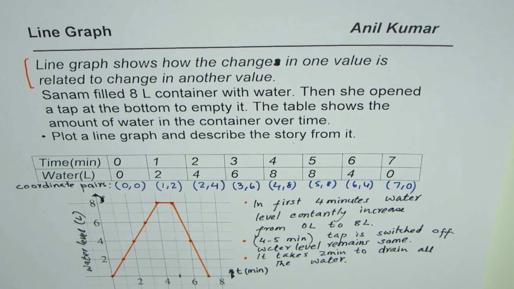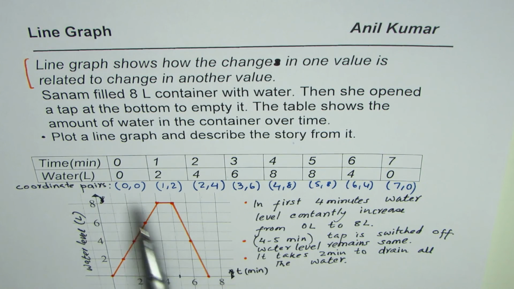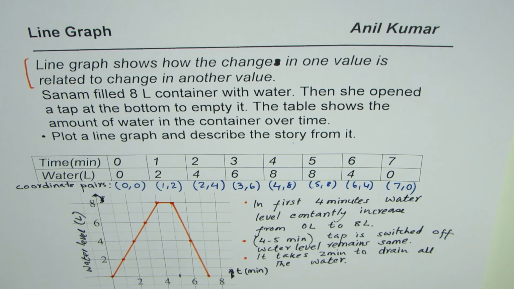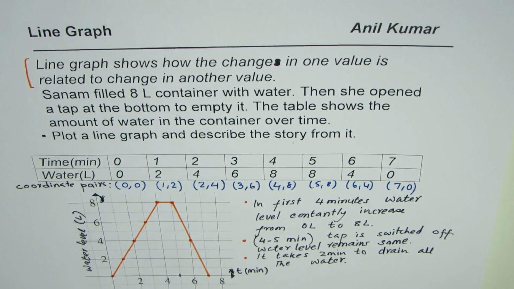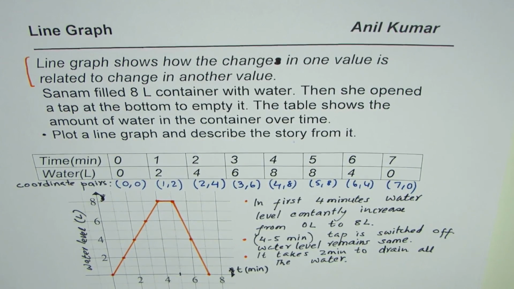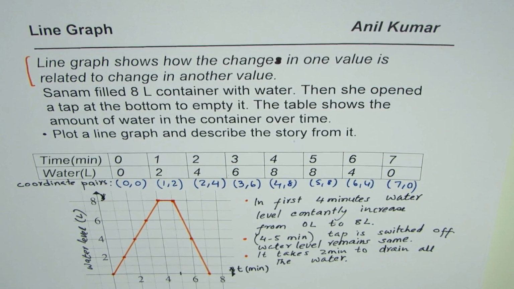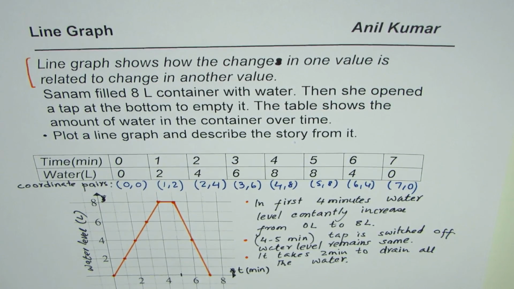So that is how you could describe the line graph shown here, which we have drawn from the given table. That is how we can connect experiment, table, graph, and then from the graph we can read the whole story. I hope that helps. I would like you to explore, experiment, and then make your own line graph and describe it. Thank you and all the best.